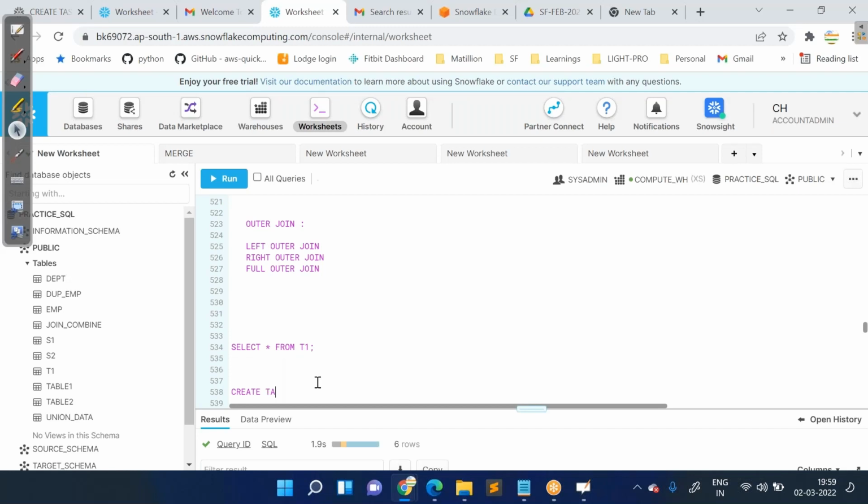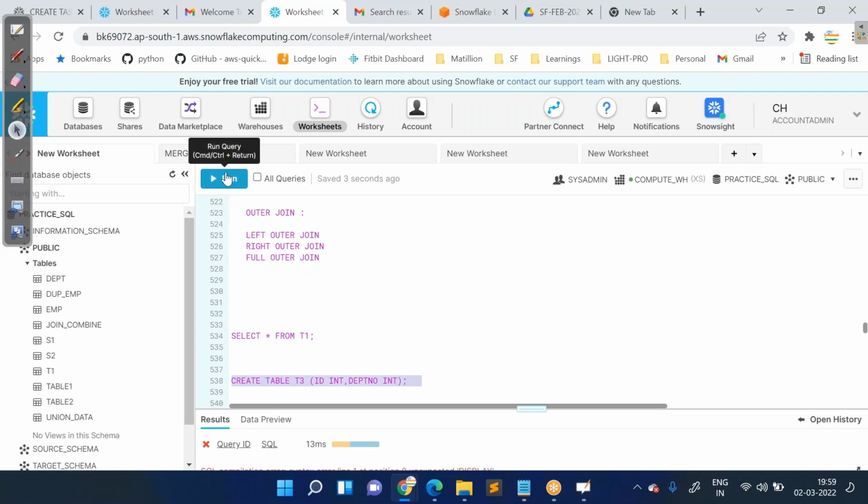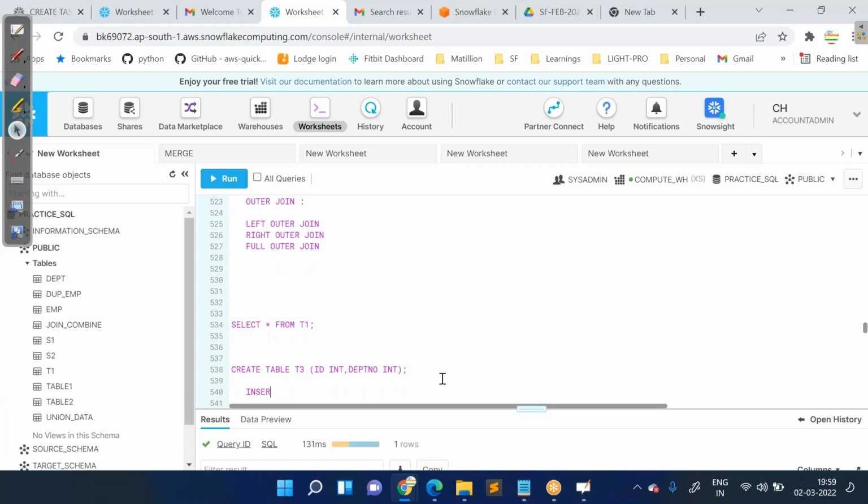Create table T3, ID int, department number int. So now insert into T3 values of 1, 10.